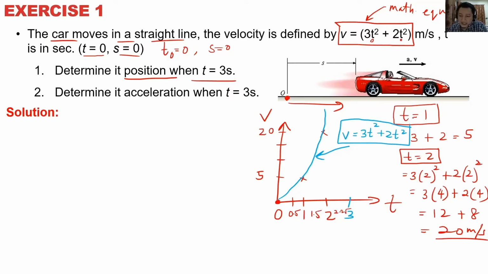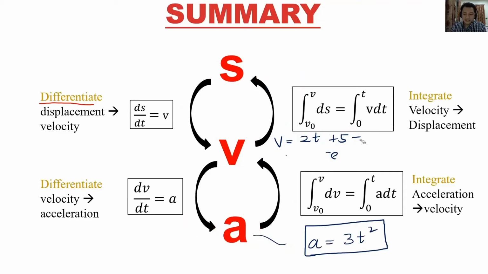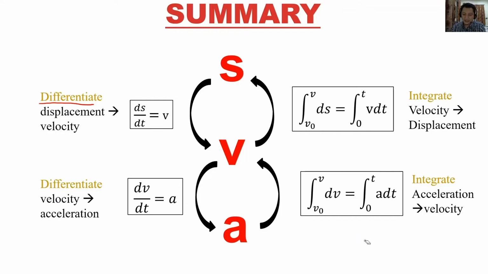So we don't do it like this. We just use data from either integration or differentiation. So this is the one that you should be looking at. Differentiate or integrate.